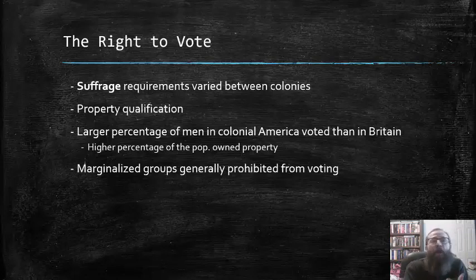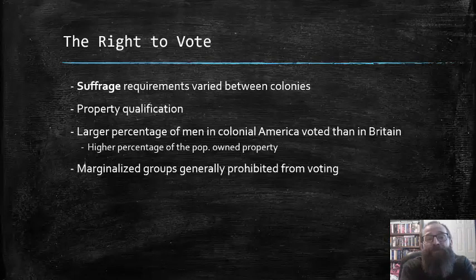Now, suffrage requirements varied between the colonies, but nearly all of them had some sort of property qualification attached to voting privileges. And this went back to those ideas of civic virtue and the idea that only economically independent citizens had the right to participate in Republican government.